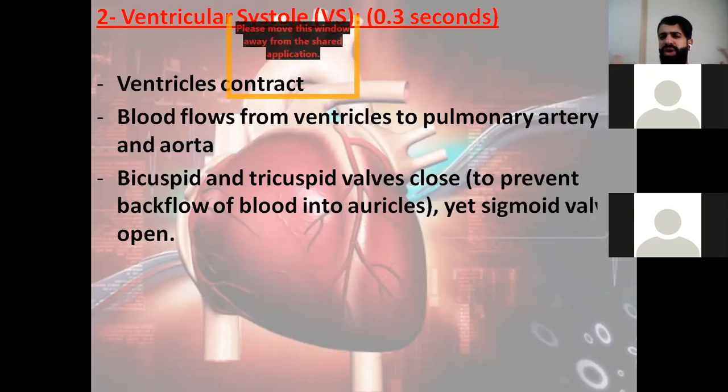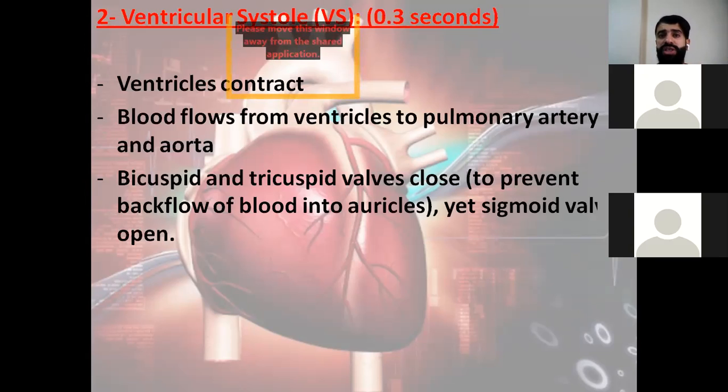The difference between auricular systole and ventricular systole is very easy. Let's make a comparison. In auricular systole, the auricles contract. In ventricular systole, the ventricles contract. Blood flows from the auricles to the ventricles in the auricular systole, while blood flows from the ventricles toward the pulmonary artery and aorta in the ventricular systole.